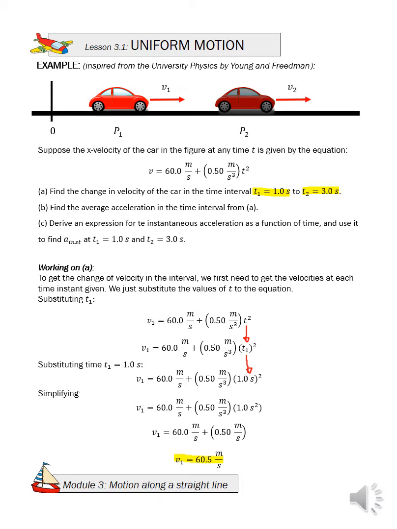Now we already have v1. Let's say we also want to solve for v2, which is our velocity at the second time instance, the one here, which is 3 seconds. So we substitute t2. So we are getting now v2. So your time now is going to be written as t2, and then we substitute for that.